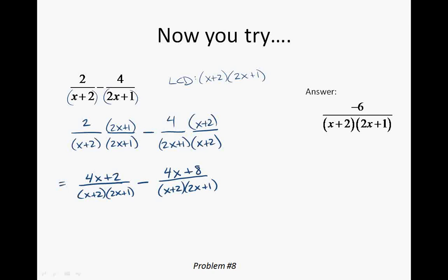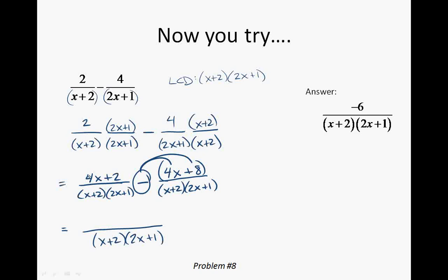Now that we have fractions with a like denominator, I'm going to combine, and I'll leave my denominator in factored form. That should be 2x plus 1. And then, remember, it's a subtraction problem. So this subtraction is applied to everything in the second numerator.